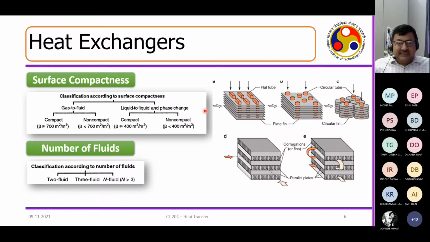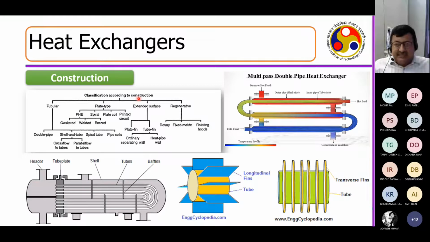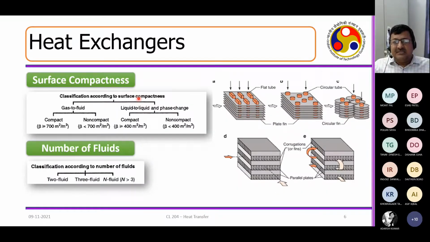Now you see this extended surface. Extended surface can be done in many different ways, right? There are many different types given, like this is a flat tube, this is a plate fin, this is a circular fin, circular tube. Once you put this type of stacking, you put the fins in such a manner that air also does crisscrossing here, with corrugations in the fin.